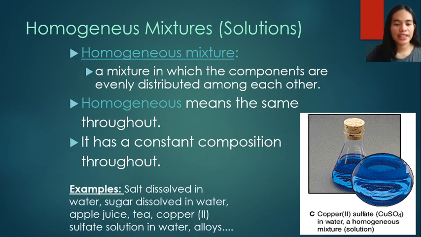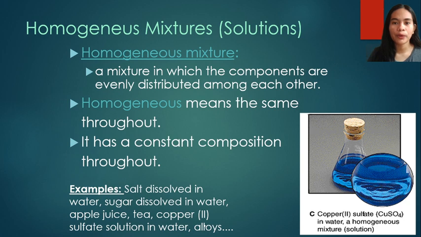We have here examples: the salt dissolved in water, sugar dissolved in water, apple juice, tea, copper sulfate in water, and then we also have the alloys. What do we mean when we say alloys? So we have here solid plus solid. We have the metal. Alloys ang ginagamit sa mga metal sa bahay.